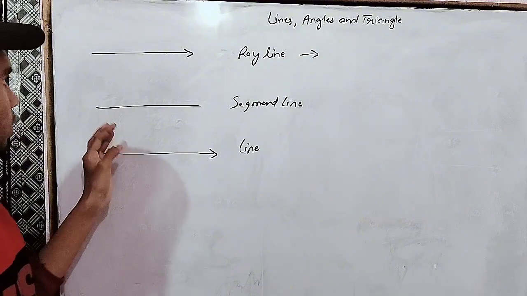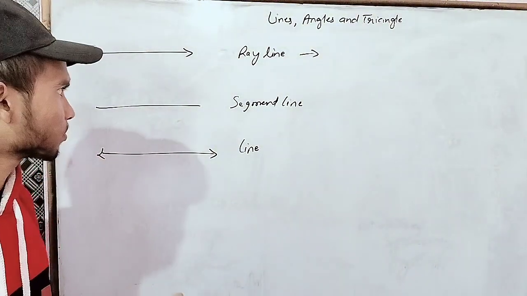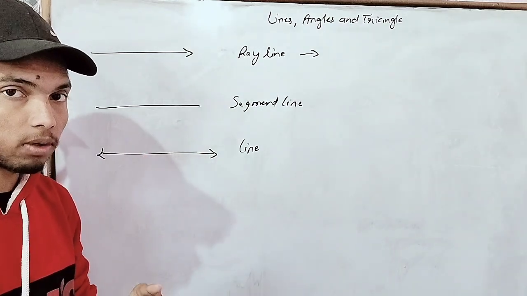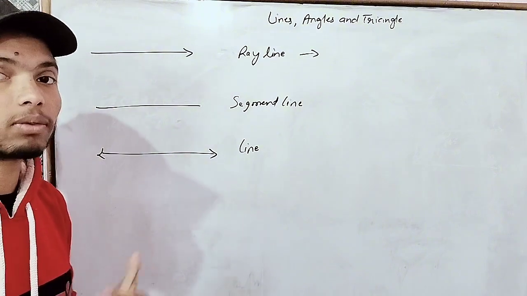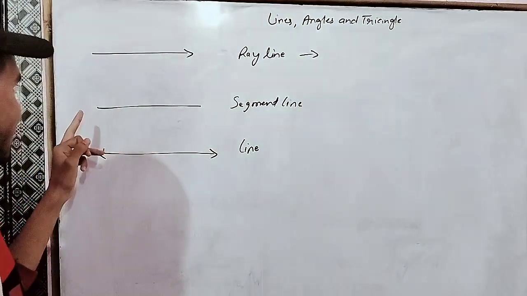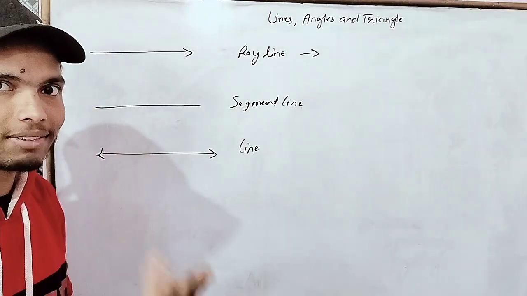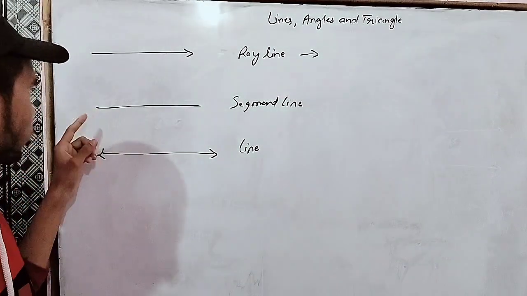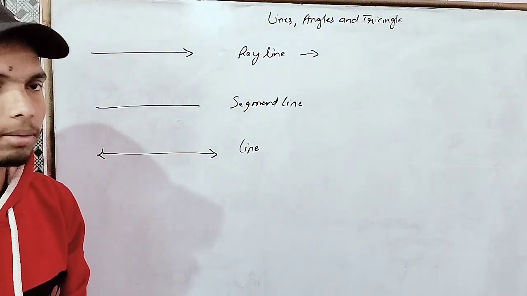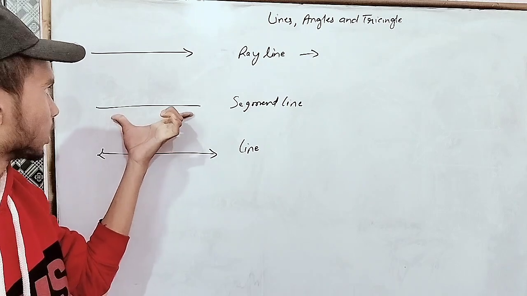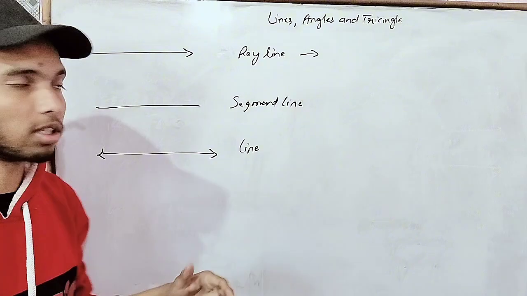Similarly here, as I told you, we are not seeing an arrow. So the meaning of a line without an arrow is that this side is an end and this side is an end. From here to here, whatever distance we have in mathematics, for example, 3 centimeter, we say the distance of this segment line is 3 centimeter.